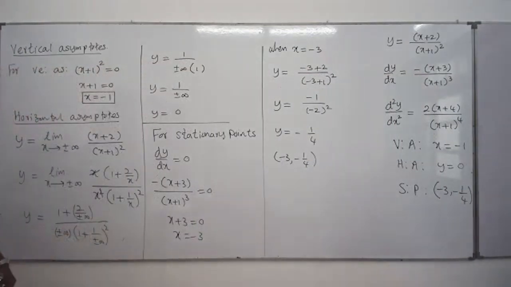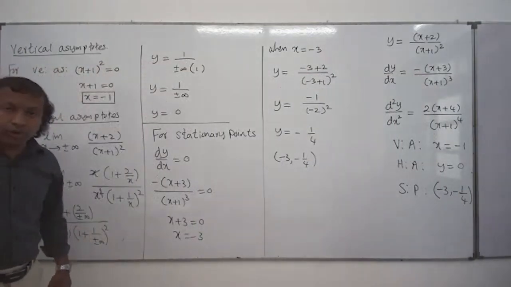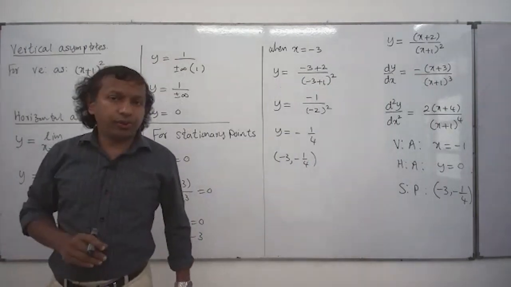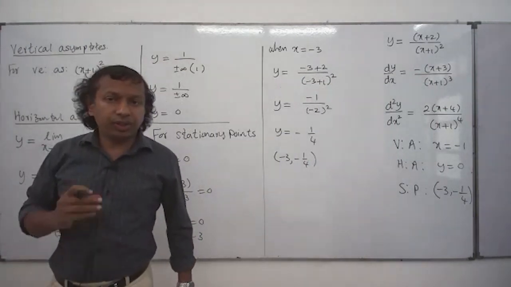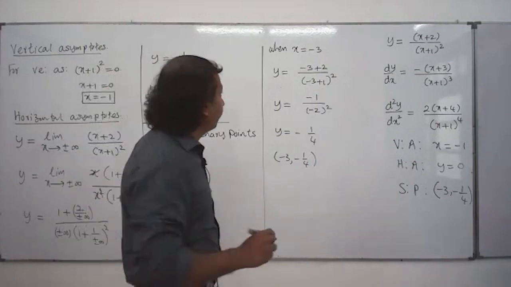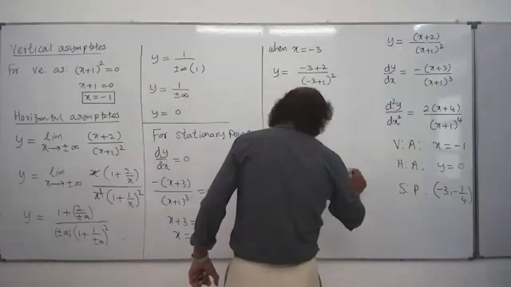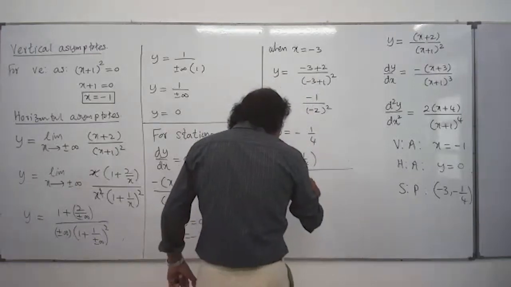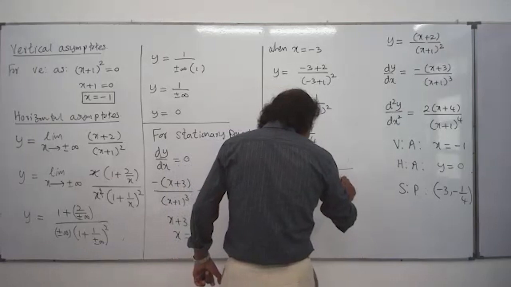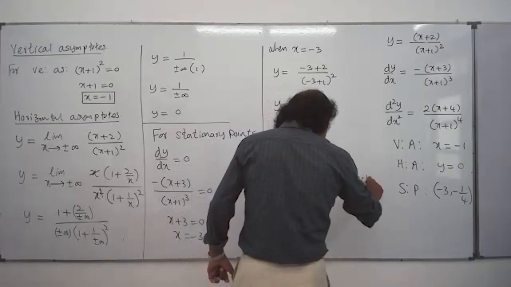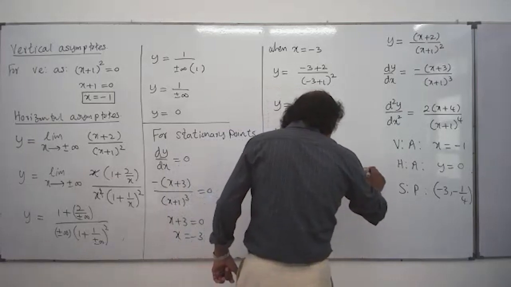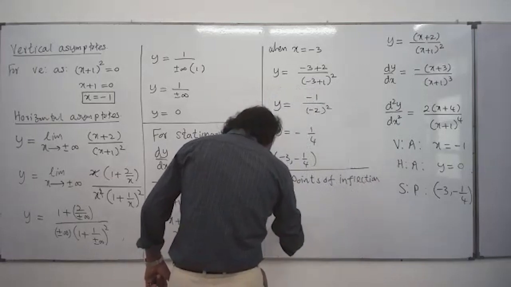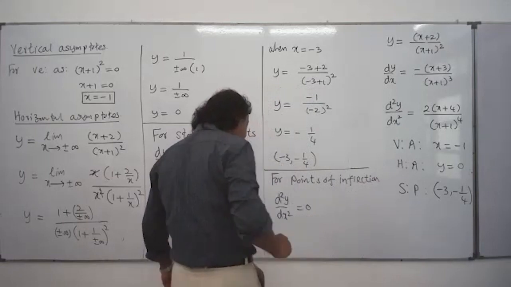Now, next, points of inflection. For points of inflection, what is the condition required? The second derivative must be 0. So d2y over dx2 equals 0.